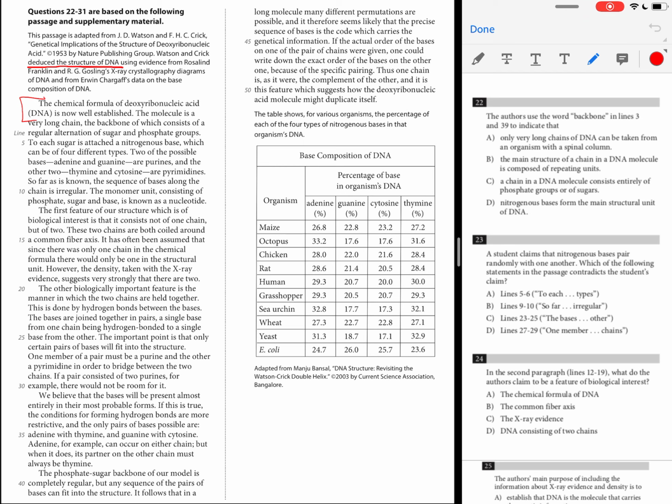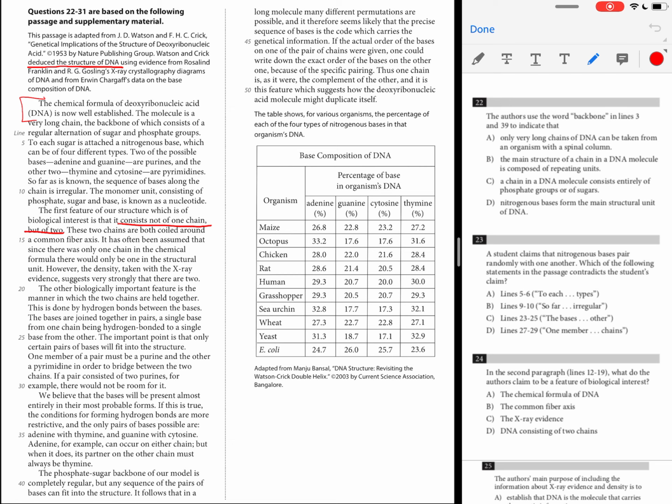So, second paragraph from line 12. The first feature of our structure, which is of biological interest, is that it consists not of one chain, but of two. Okay, so this paragraph is about 2 chains. This is where having a little bit of background information is helpful, but you can't use that background information to answer questions. It just means you'll understand more quickly what they're talking about.